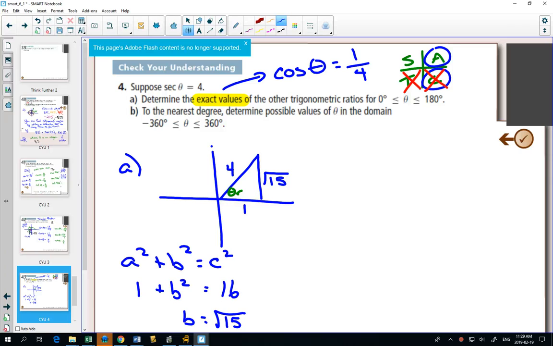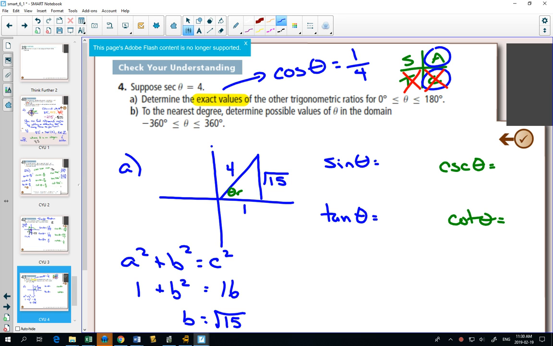Now we need to find the other trig ratios. We already know secant. We already wrote down cos. So the other ones that we need to find are sine of theta and tan of theta, as well as the reciprocal ones, cosecant theta and cotangent of theta.